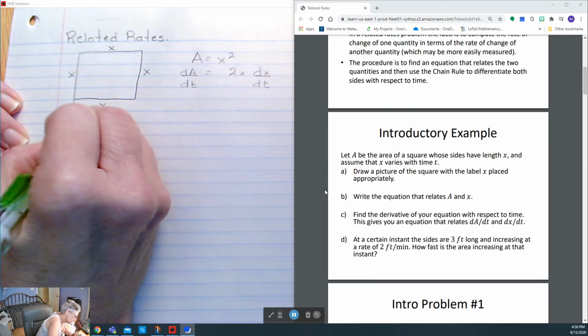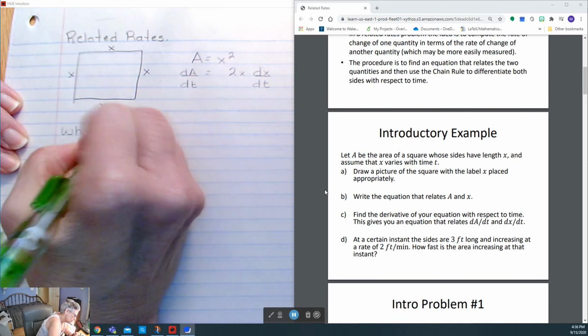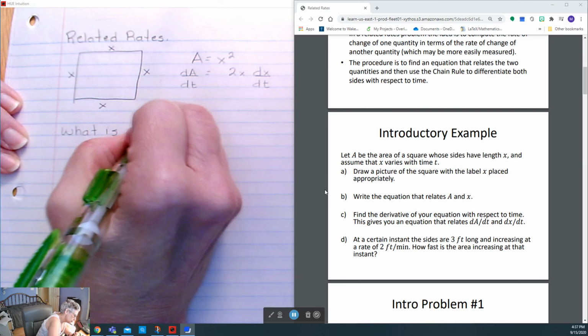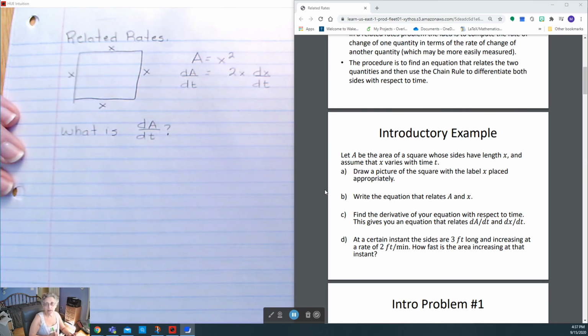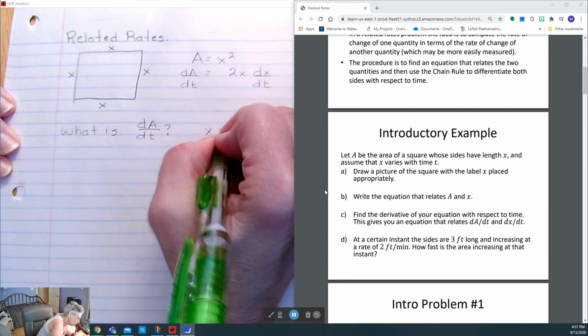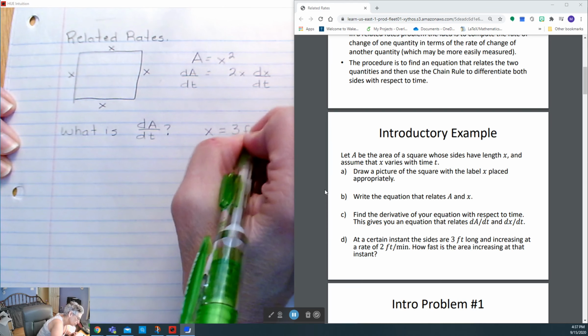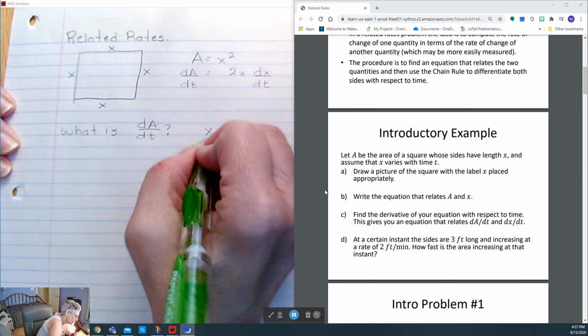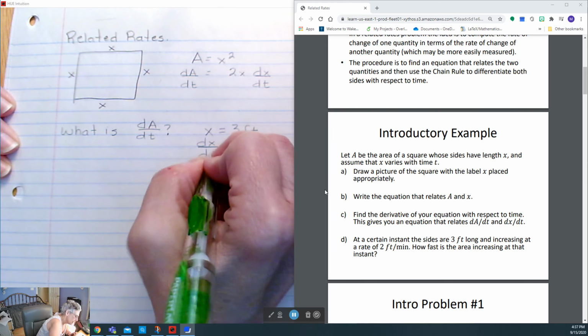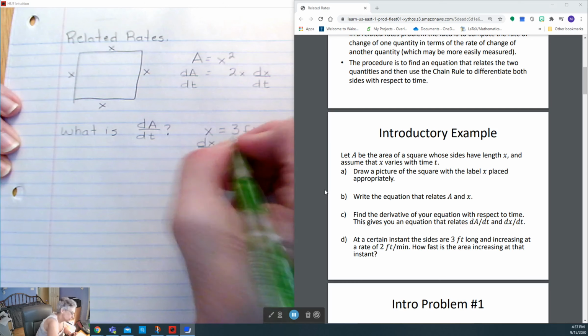So this is the tricky math way of saying what is dA/dt, and it's asking the question when x is 3 feet long and it's increasing at a rate of 2 feet per minute.